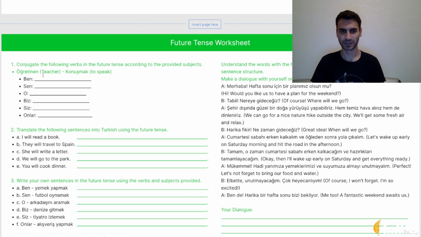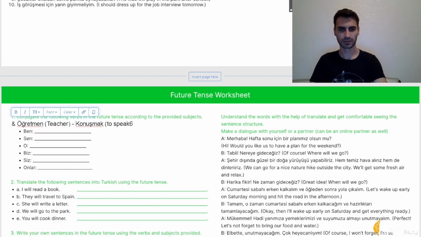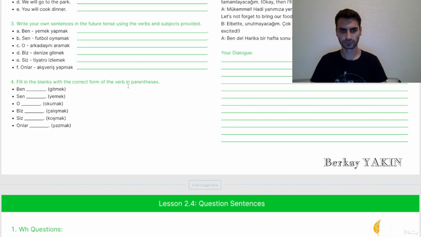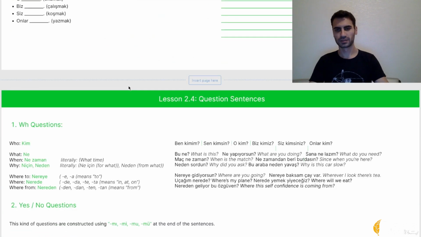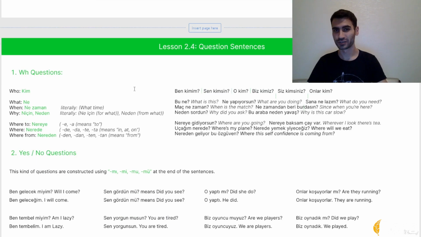Yes, it's better, because you know everything you need to know to do this. But let's do it like this. See you in question sentences after you finish the worksheet.